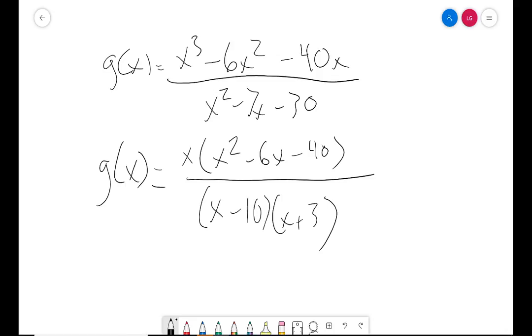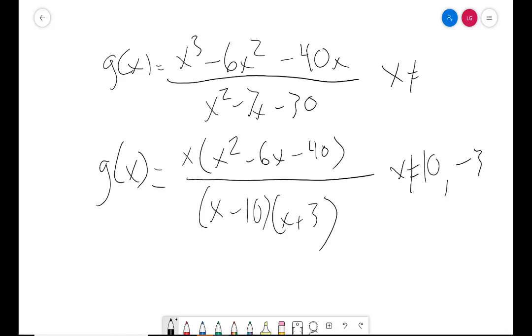You can piecemeal them out and rewrite and do another equal sign and take it one step more factored until you're done. I've done 2 factorings. I took the x out at the top and I actually factored the quadratic in the bottom. Now, because the quadratic is factored in the bottom, I know that x cannot be 10 or negative 3.